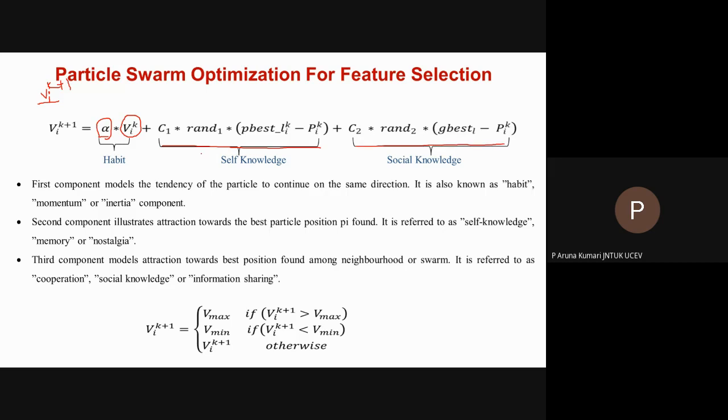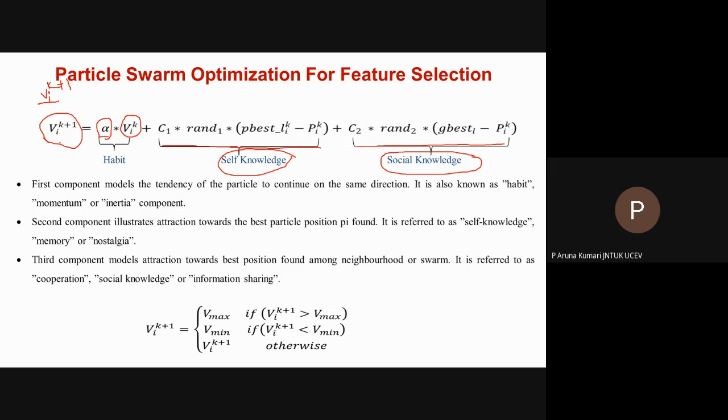That means based on the current position identified by the particle itself, that is the self knowledge, and based on the global optimum, which we have identified from all the particles, we have to update the velocity. That means you have to move in a particular direction.